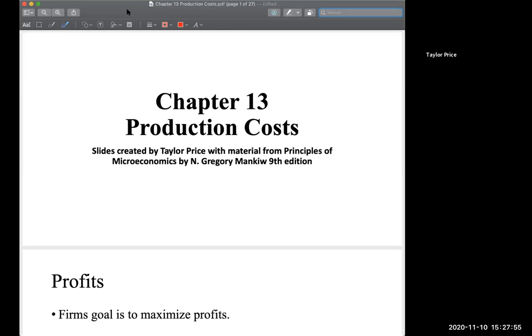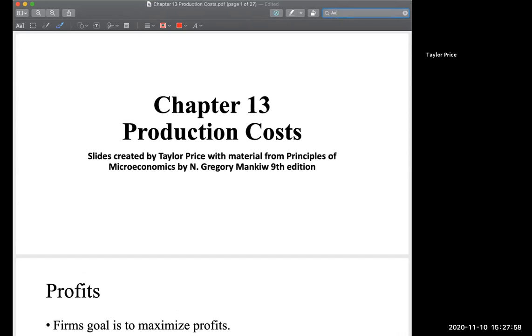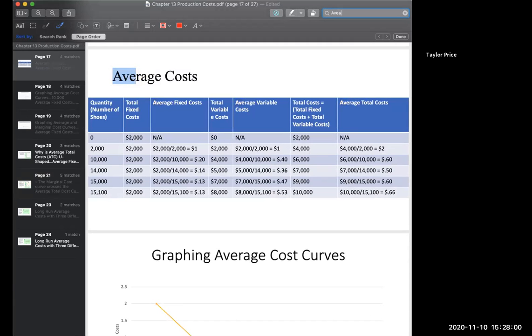Hypothetically, you can just go up here and type in average total costs, and then it'll search the document for every time that's mentioned. That way you don't have to scroll through and remember where everything is.